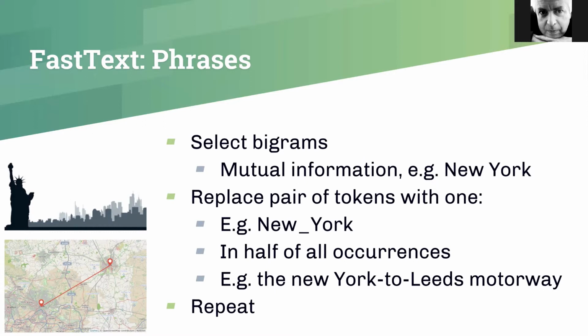For example, in the phrase, the New York to Leeds motorway, the words New York do not denote an American city. This process is repeated several times, allowing it to build up longer phrases. Interestingly, they claim that this improves the performance of the embeddings even if the final application doesn't use phrase embeddings, but relies solely on the word embeddings.